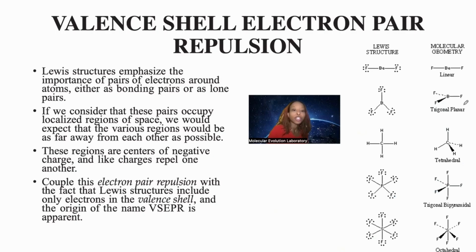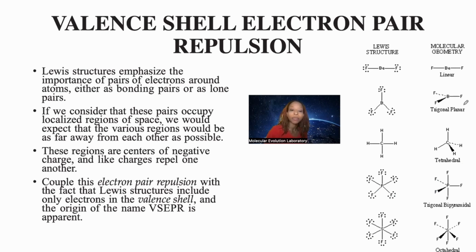So the Lewis structures emphasize the importance of pairs of electrons around an atom, either as bonding pairs or as lone pairs. If we consider that these occupy a localized region of space, we would expect that the various regions would be as far away from each other as possible. These regions are centers of negative charge, and like charges repel one another.